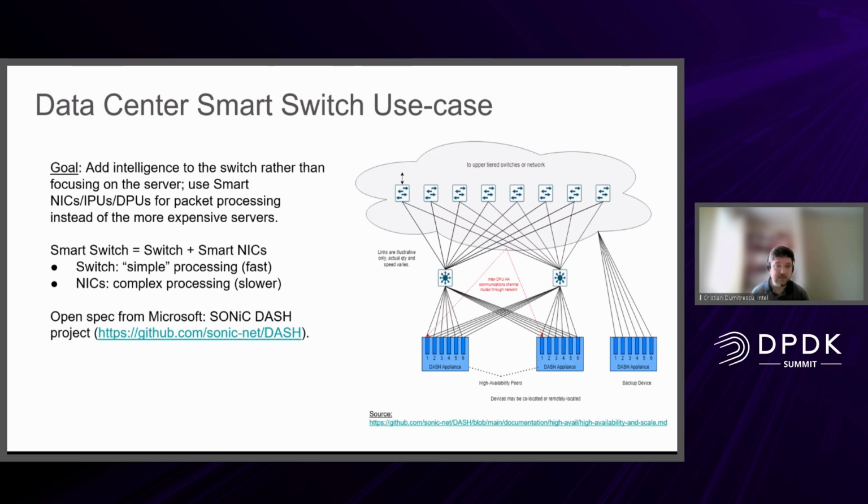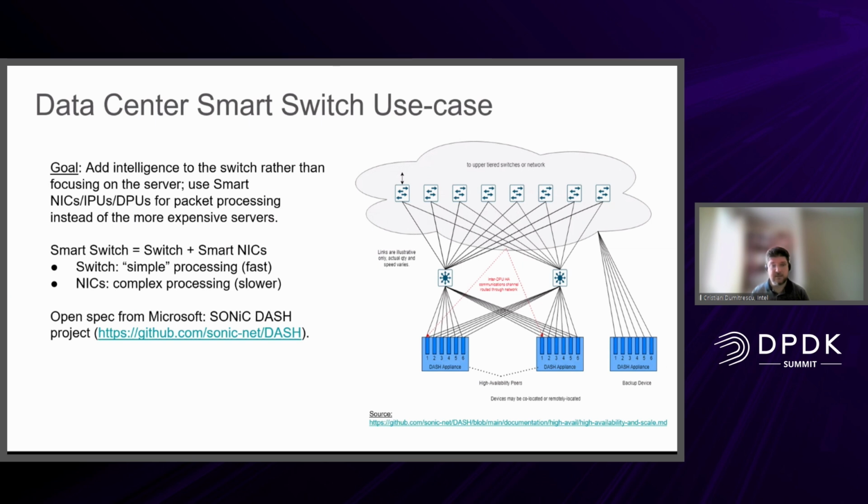Now, this concept is very alive and kicking in the industry. It is promoted by some people. One of the great promoters of it is Microsoft. They have this smart switch use case, and they also documented it publicly in this project called Sonic Dash. Sonic is a network OS. Dash is basically an extension to the Sonic NOS.